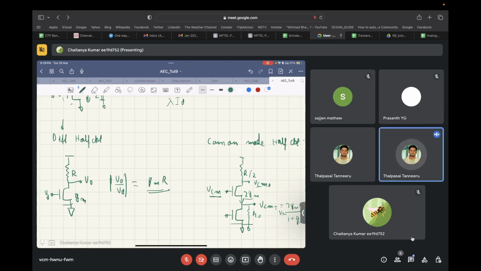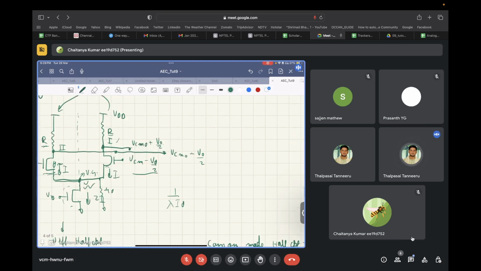Sir, if the circuit is not symmetric, at that time how should we proceed? In a fully differential circuit, let's say there was some error between these two. So this was R, and this was R plus some R1. In that case, you can't use this approach straightforwardly, because only when the circuit is completely symmetric will you have the notion that common mode swing and differential swing can be separated.